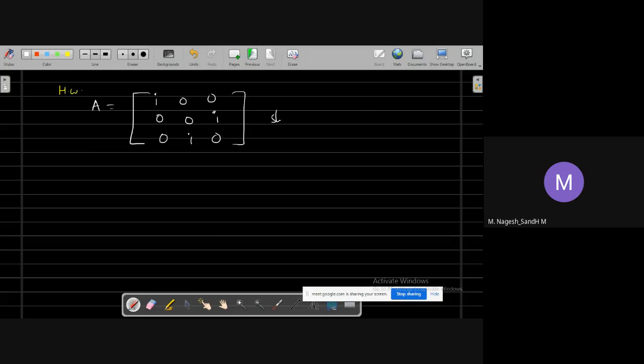Show that it is a unitary matrix. Can anyone say what a unitary matrix is?